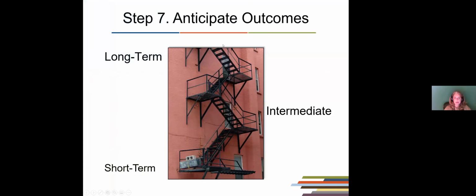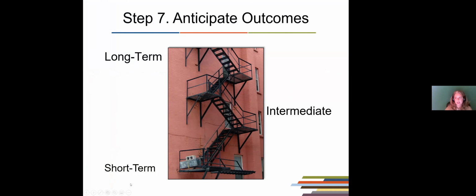And now we're going to get on to talking about outcomes. So with outcomes, similar to those objectives where we had our short term and our long term, for outcomes, we also have short term and long term, and we can also have intermediate. And so our short term outcomes, these are really the immediate program effects that you expect to achieve.